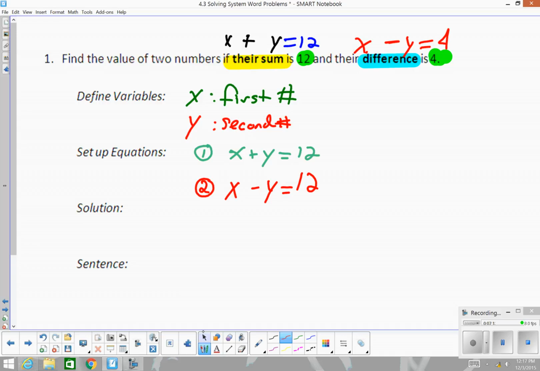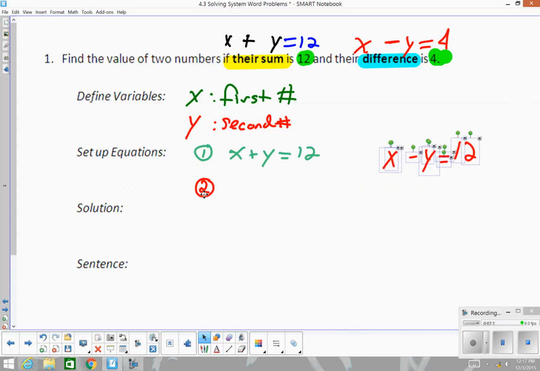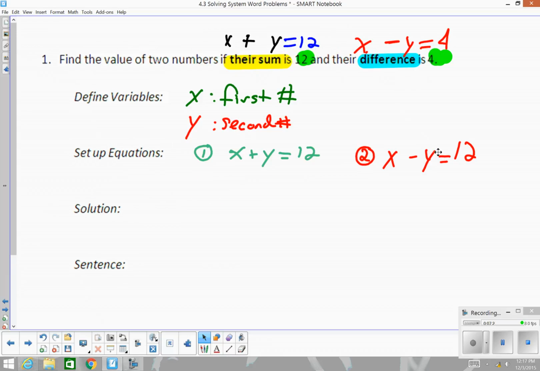Okay, so I'm going to kind of move these equations just so I can write. Now, there's a method that's a little bit easier to solve these in this instance. But for right now, we are going to go ahead and isolate and solve for y. So you could go ahead and use a graphing calculator to graph.